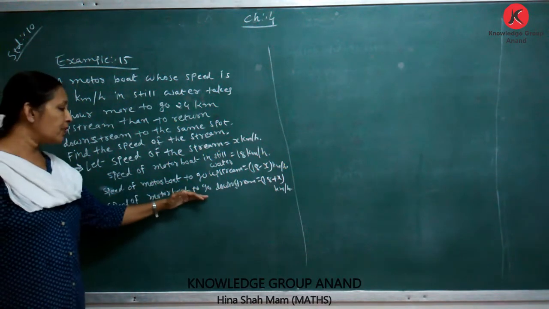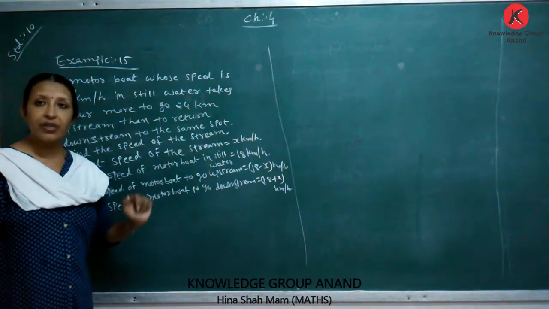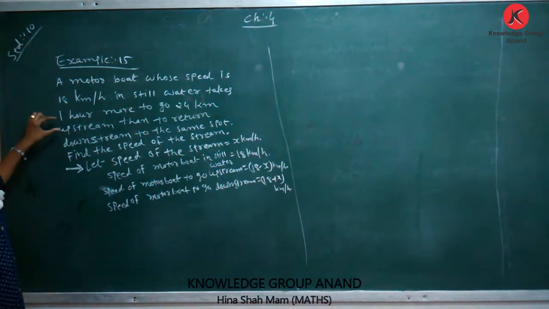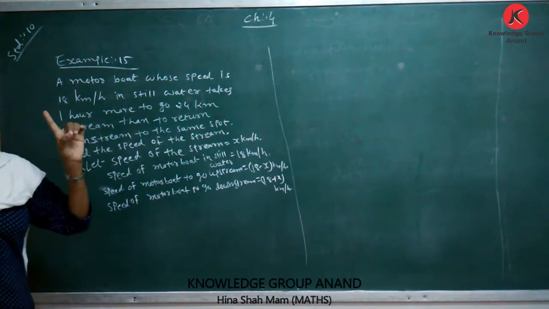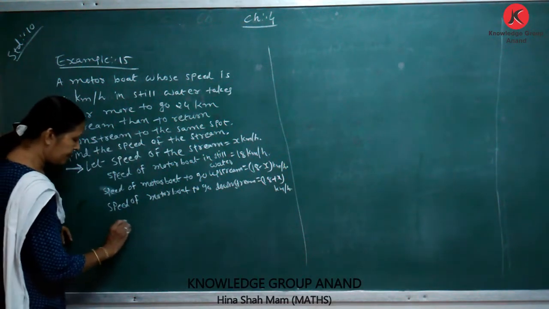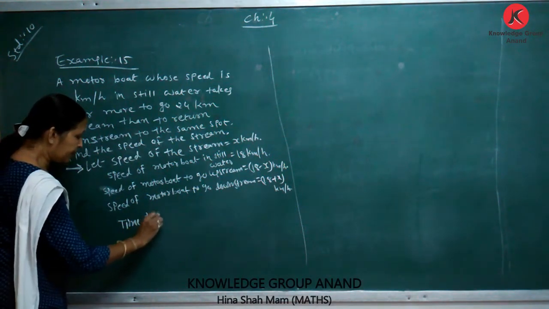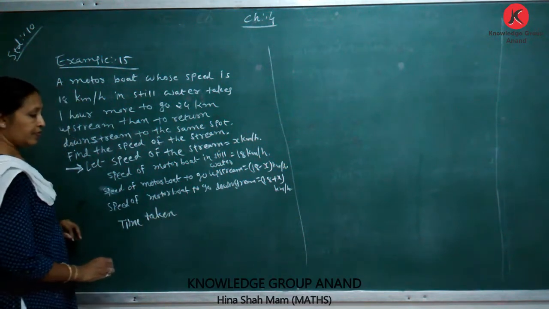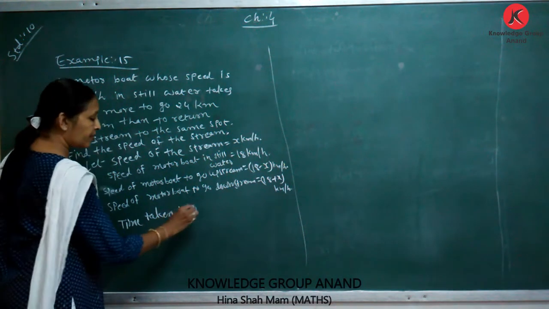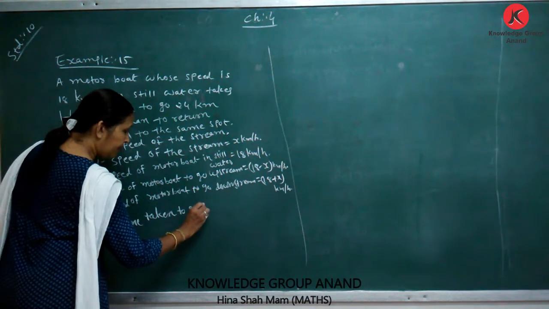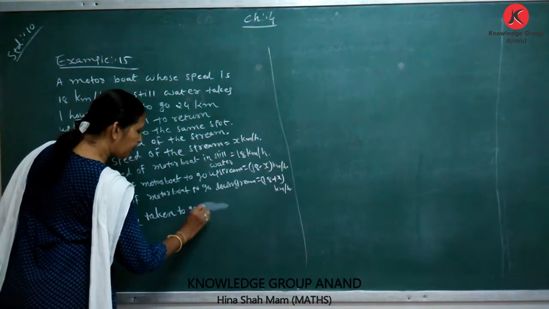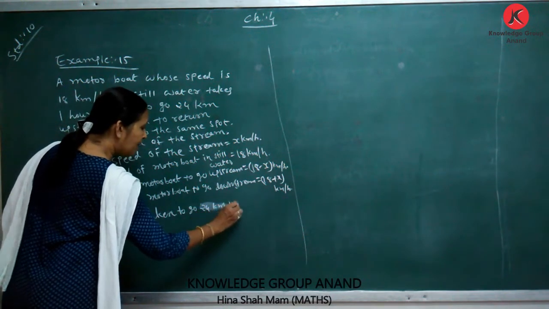Speed of motorboat to go downstream is equal to 18 plus x kilometers per hour. But time taken is 1 hour more to go upstream. Time taken to go upstream, 24 km.